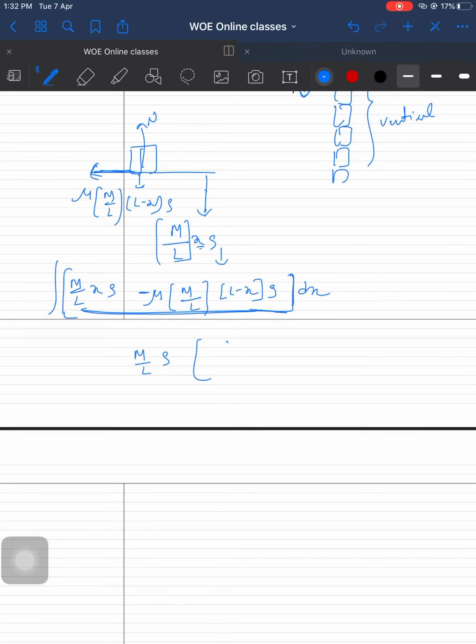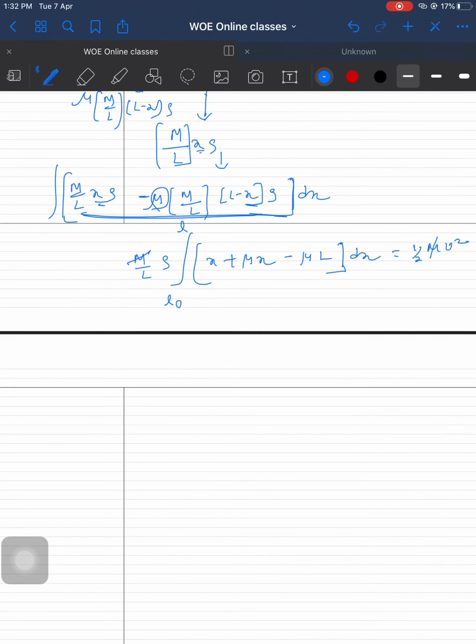We add x and x, giving (1 plus mu) x minus mu L, into dx, integral from L0 to L. We brought everything in terms of it, equal to the change in kinetic energy, half m v square. m gets cancelled, and (mu plus 1) x dx is x square by 2 minus mu L x, limits from L0 to L, times g by L, equal to half v square.